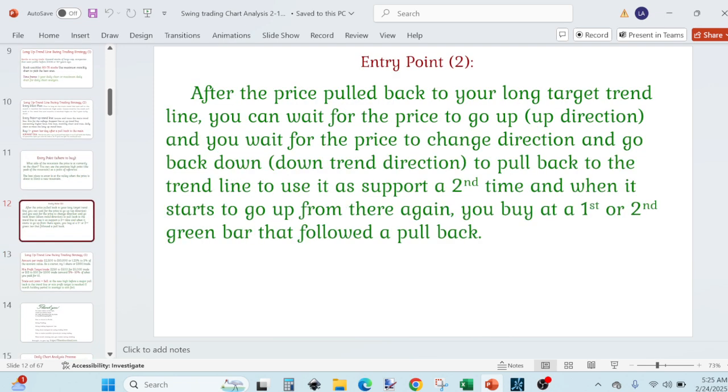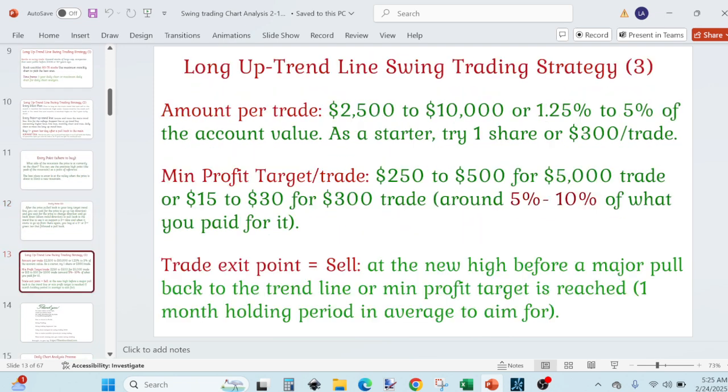And as you are saving money to add more to your account, you buy more and more shares as you get comfortable with the strategy you are using, and at the same time you'll know what stocks your strategy works well for.